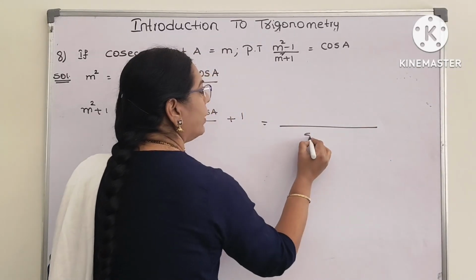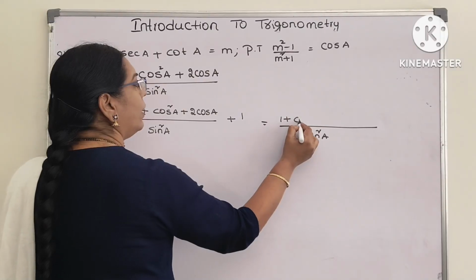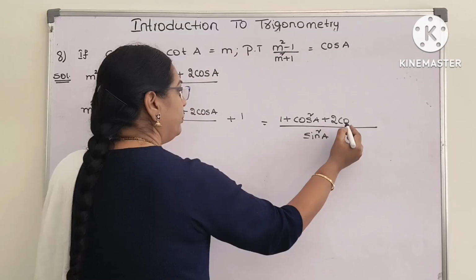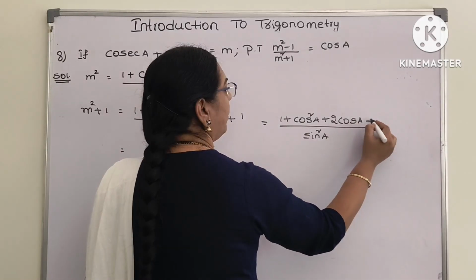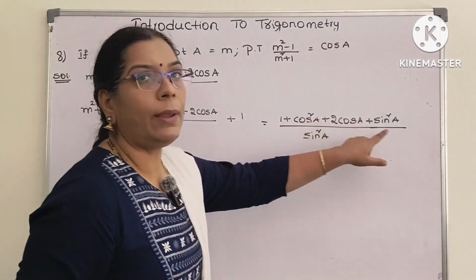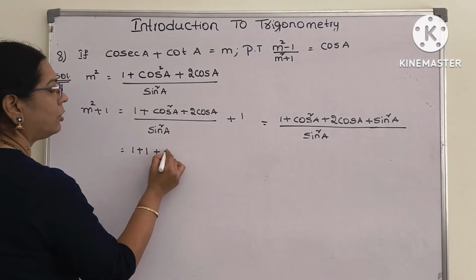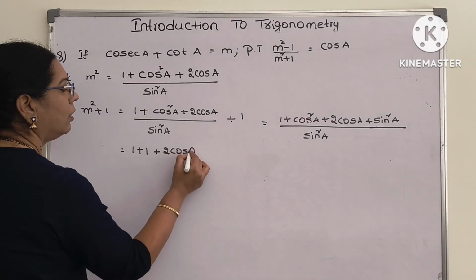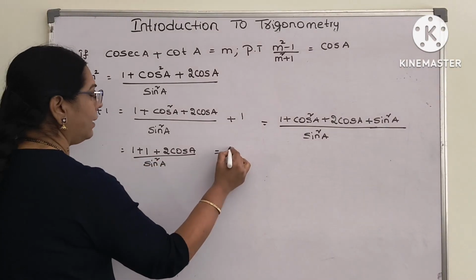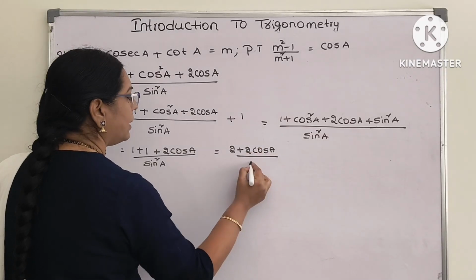LCM will be sin square A. So on taking the LCM, it will become 1 plus cos square A plus 2 cos A plus sin square A. Now cos square A plus sin square A is 1. So 1 plus, there is one more extra 1, plus 2 cos A by sin square A. So this I can write as 2 plus 2 cos A by sin square A.